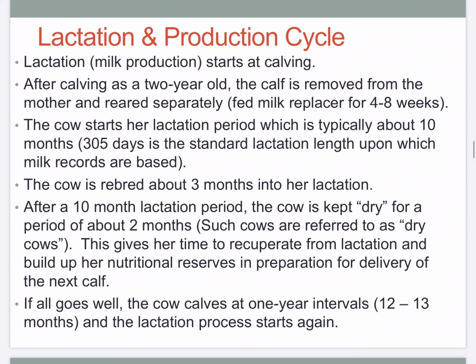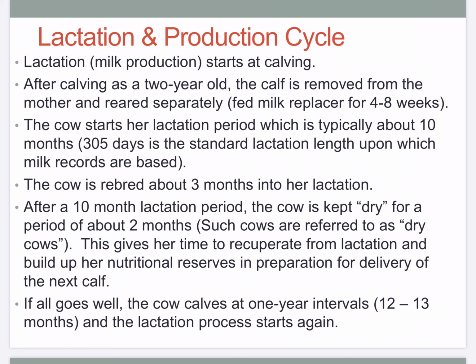Okay, so now we're at lactation and production cycles. Lactation starts at calving. After calving, as a 2-year-old, the calf is removed from the mother and reared separately. Fed milk replacers for 4 to 8 weeks. Okay, the cow starts her lactation period, which is typically about 10 months, or 305 days.